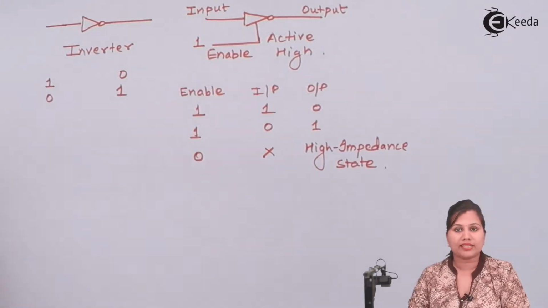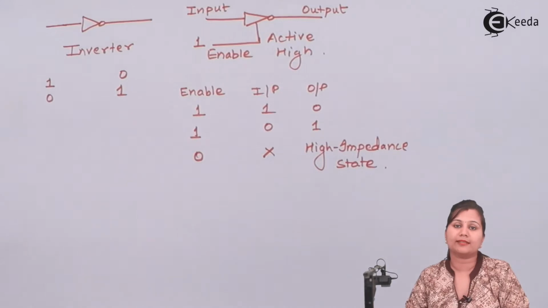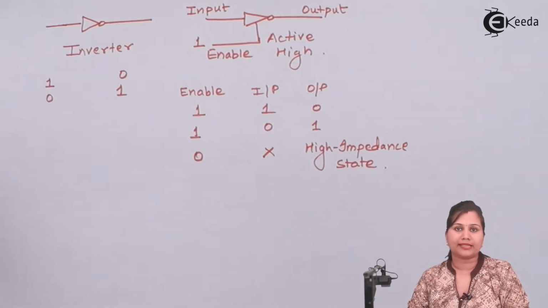Now there are various types of tri-state logic devices which are used in the microprocessors, like buffers, encoders, decoders and latches. So here we are going to study these logic devices. First we will start with the buffer.